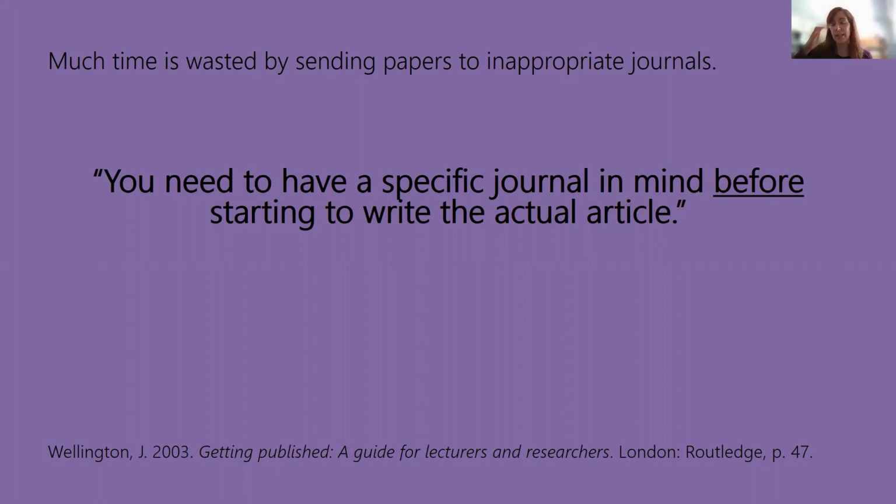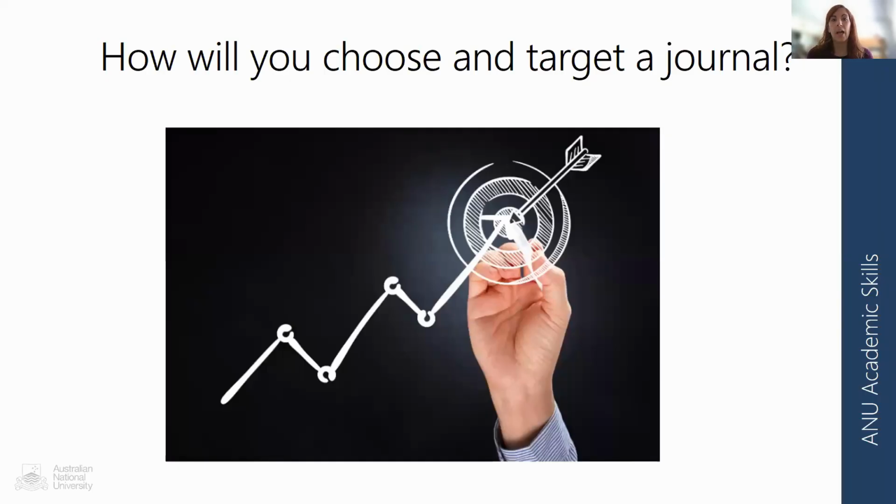You may not have an idea of what are the top journals and what are the lower journals. You might think about audience: who is it that I want to direct my key message to and target? So gather together what those specific journals might be and make your selection based on what we discuss next.